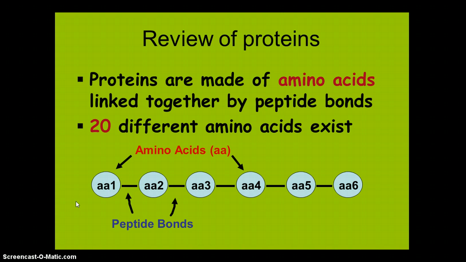A lot of you probably remember from doing the macromolecule web quests that sometimes proteins are referred to as polypeptide chains. And polypeptide chains are actually just a chain of amino acids. And what does poly mean? Many. What does peptide mean?